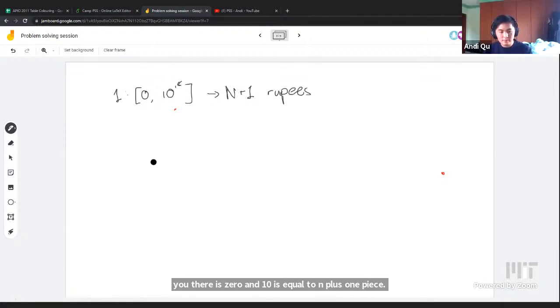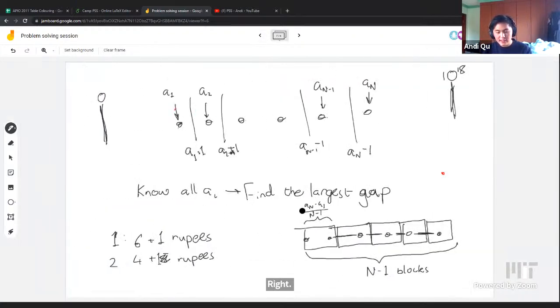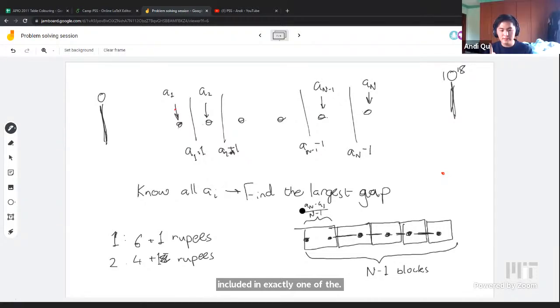And then if you look at these queries, each of these numbers is included in exactly one query. So if you add them all together, you have to pay n rupees.